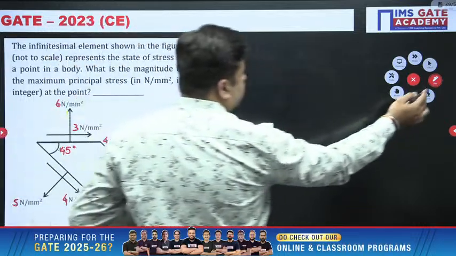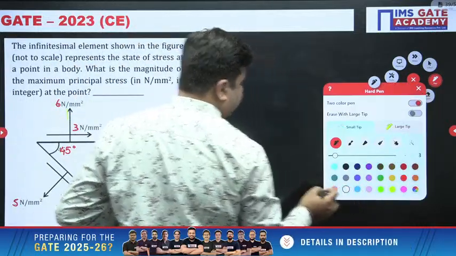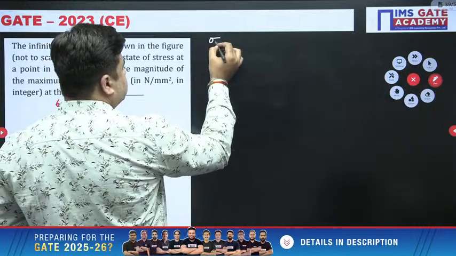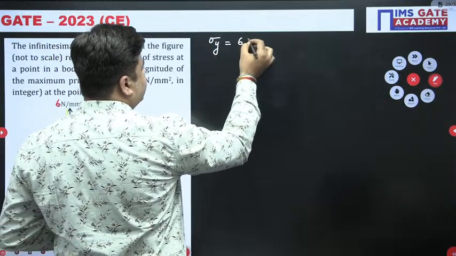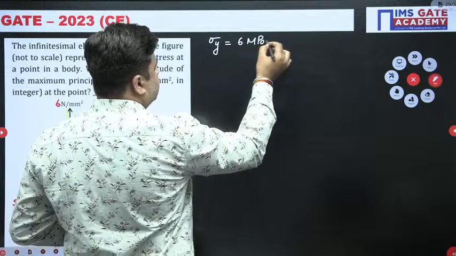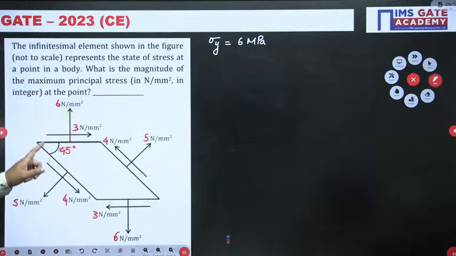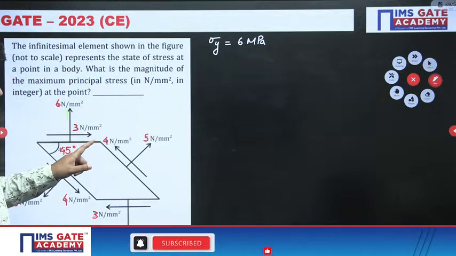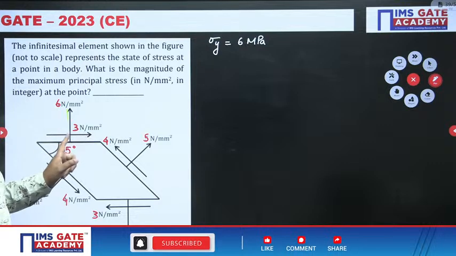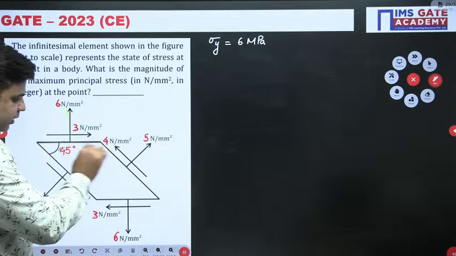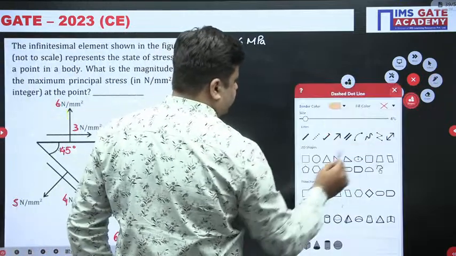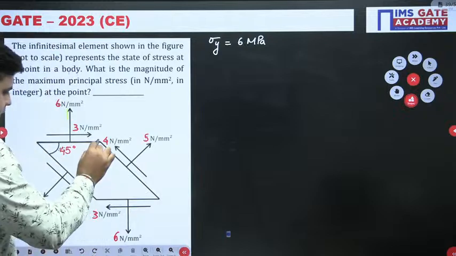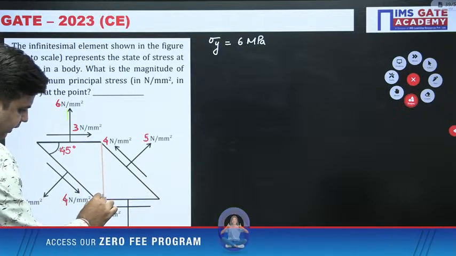Sigma y is 6 and sigma y is tensile, so sigma y is given to you as 6 megapascal. Now check this out. This tau yx is 3 Newton per mm square acting in this direction.